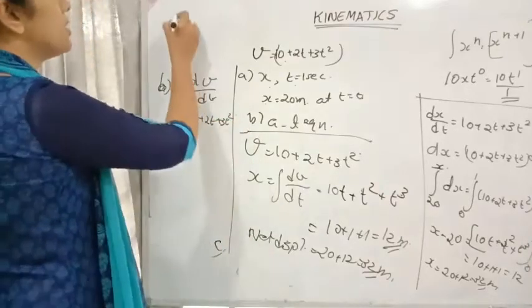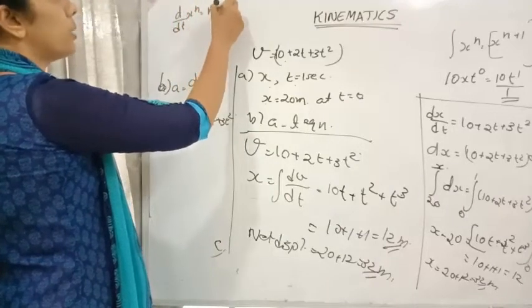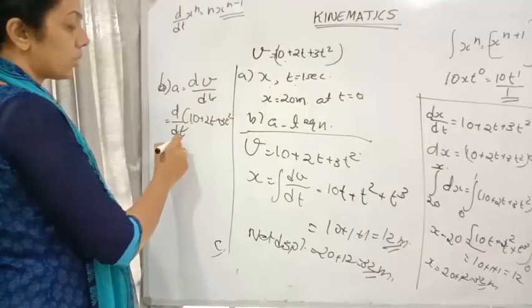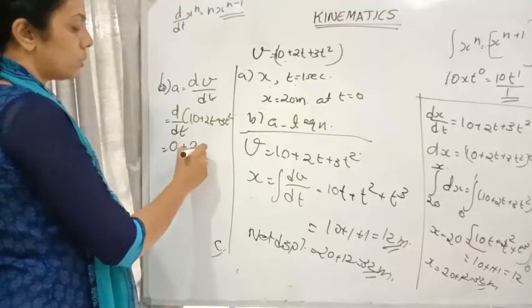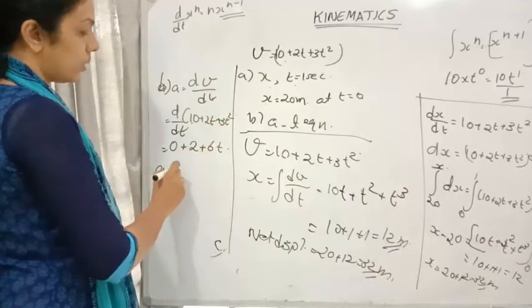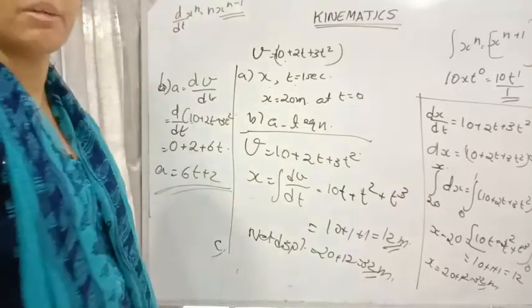The differentiation formula is d by dt of x to the power n is n into x to the power n minus 1. Differentiation of a constant is equal to 0. So this is 2 plus, here it is 6t. a equals 6t plus 2. This is the acceleration time equation.